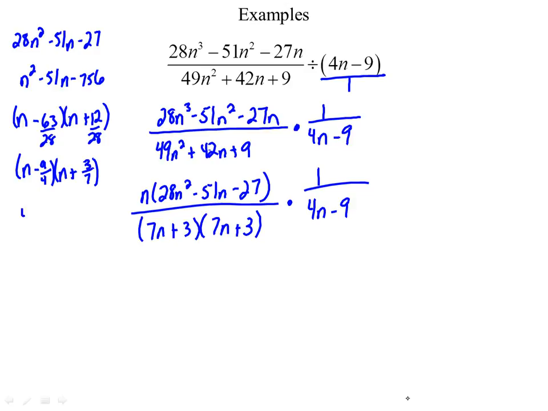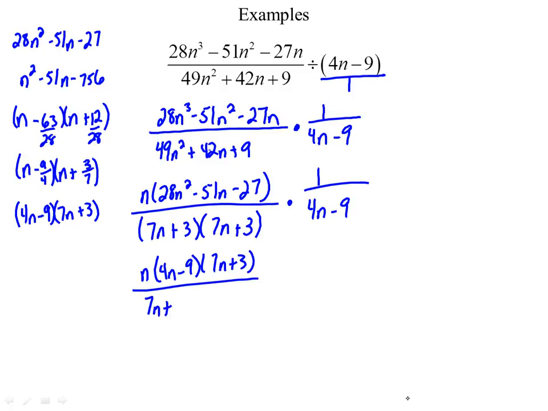So if we bring up, we'll now have 4n minus 9 times 7n plus 3. Alright, so the top is going to go into n times 4n minus 9 times 7n plus 3 over 7n plus 3 times 7n plus 3 times 1 over 4n minus 9.